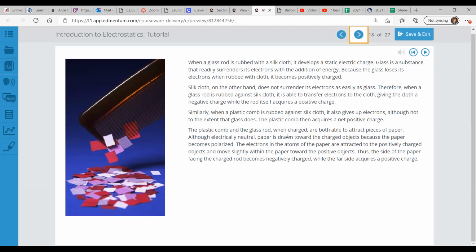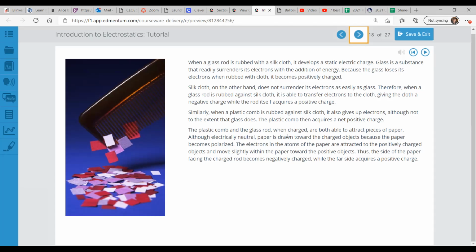Silk cloth, on the other hand, does not surrender its electrons as easily as glass. Therefore, when a glass rod is rubbed against silk cloth, it is able to transfer electrons to the cloth, giving the cloth a negative charge while the rod itself acquires a positive charge.